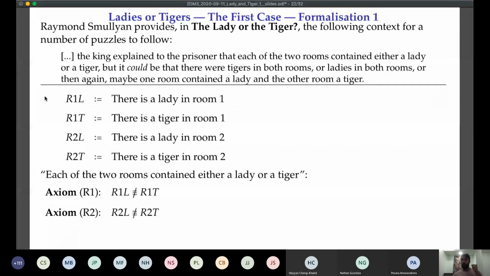That means room 1 has a lady or room 1 has a tiger, but not both. So that's what the exclusive or means. It means this one is true or this one is true, but they can't both be true. So that's what inequality means. It means one or the other. They cannot be equal. Only one of them can be true, and the other has to be false. Likewise for the other room. This is a very important fact. We'll get back to it later on.